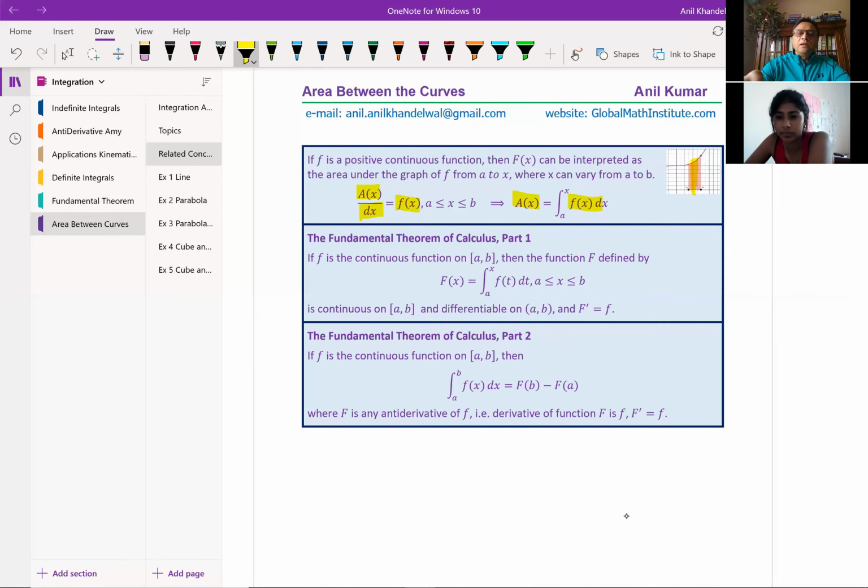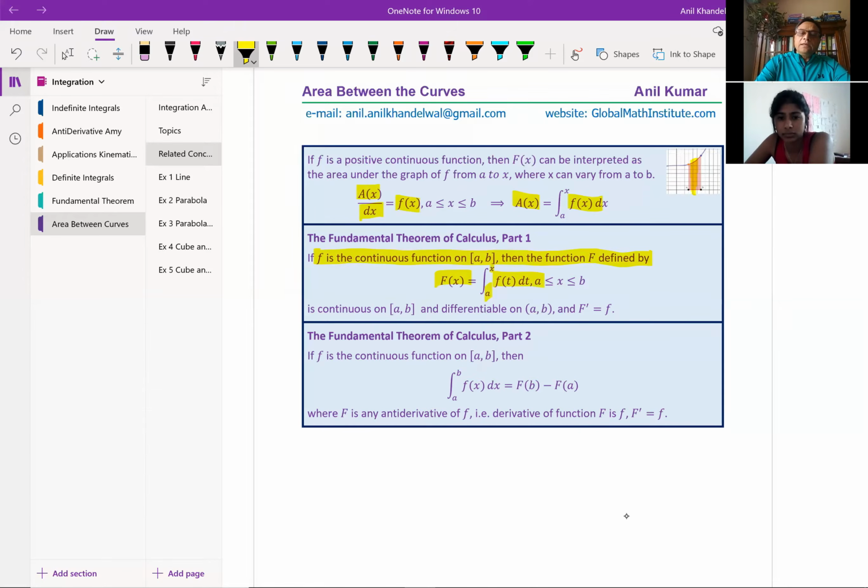Now, from here, we know the fundamental theorem of calculus part one: if f is continuous in a closed interval, then F can be defined as the integral from a to x, where x is between a and b.